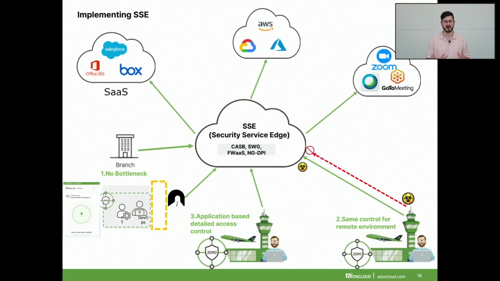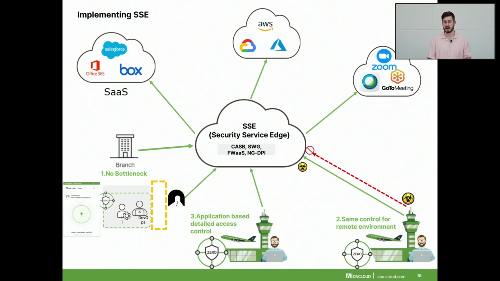Firstly, there is no bottleneck at the headquarters or from branches or from employees, because all of these users are accessing edges on the cloud. The largest bottleneck they're going to have is the internet speed of their current device, because connection speeds to data centers are extremely efficient. It greatly increases everyone's connection speed across the board.